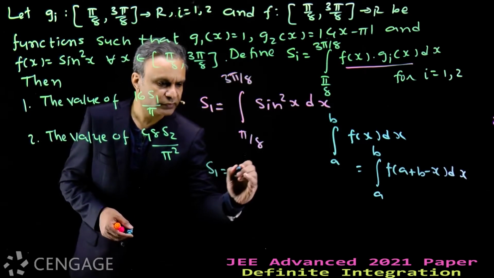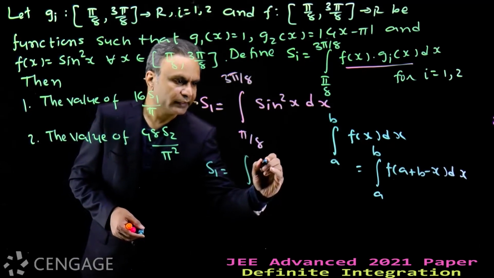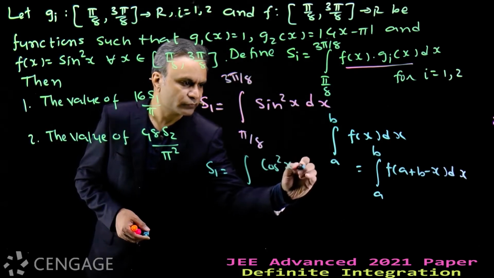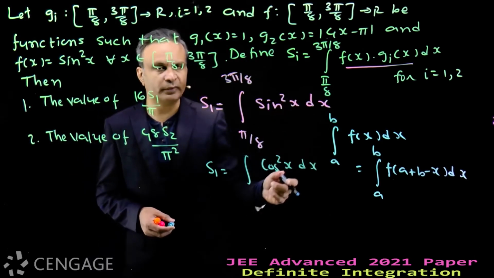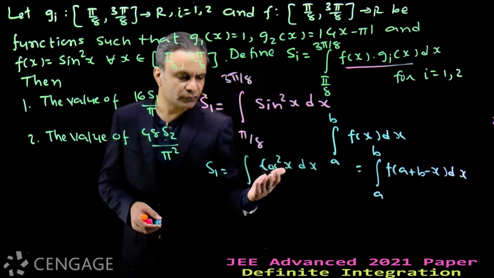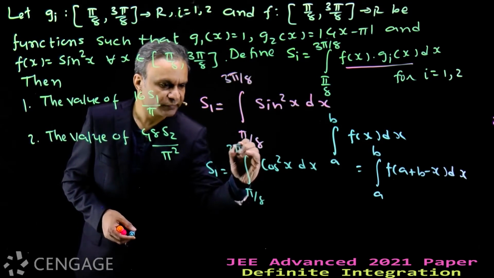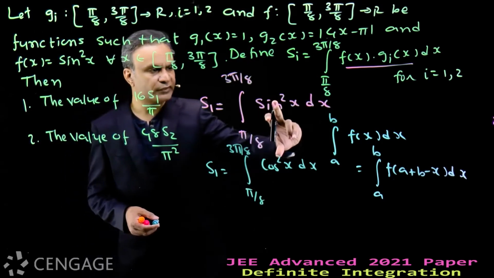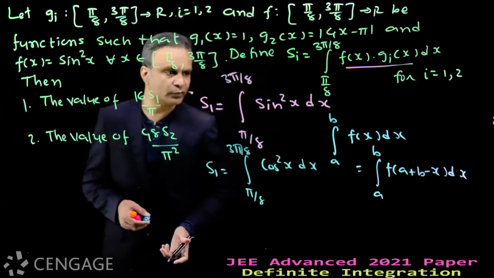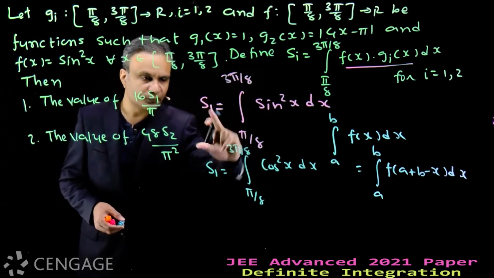We get S1 is equal to, the integrand function will be cos square x. Replacing x with pi by 2 minus x, we get cos square x. Limits will be same. What is the advantage? The sum of sine square x and cos square x is 1. So we add these two S1s.